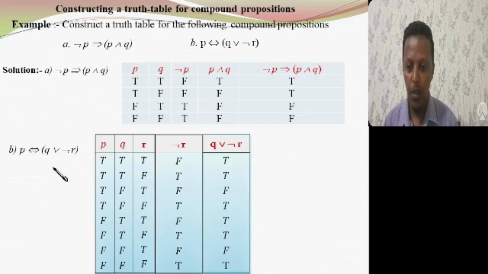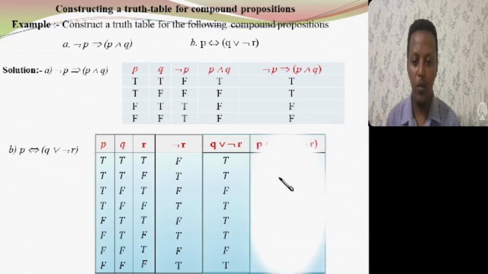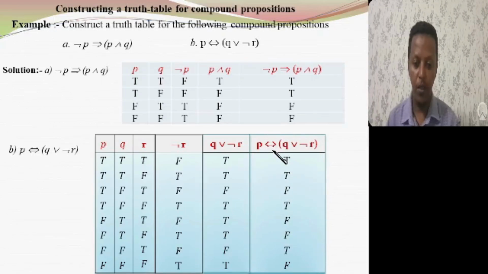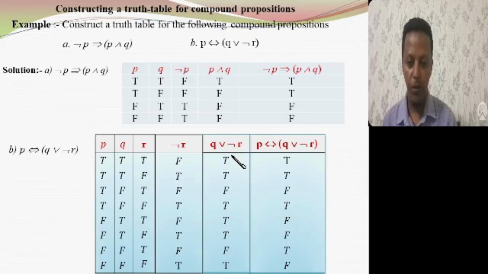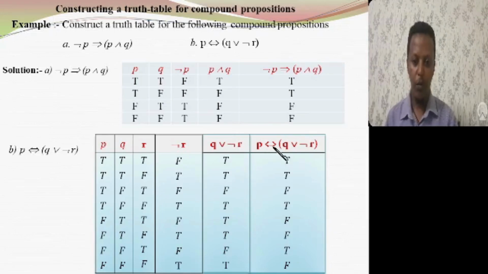Finally, we combine Q or negation R with P based on the biconditional. So the last column is for the biconditional. We combine P, the first column, with the fifth column. The rule of the biconditional: when both have the same truth value, it will be true, otherwise it is false.